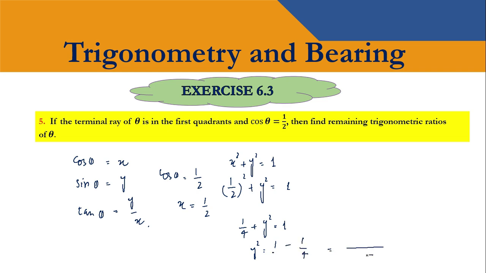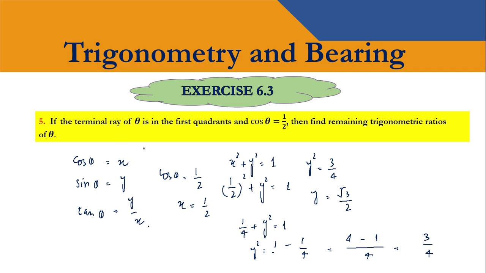Taking the LCM, 4 minus 1, the value will be 3 divided by 4. Now y square is equals to 3 divided by 4, and y is equals to under root 3 divided by 2. So we will get the value of y here.